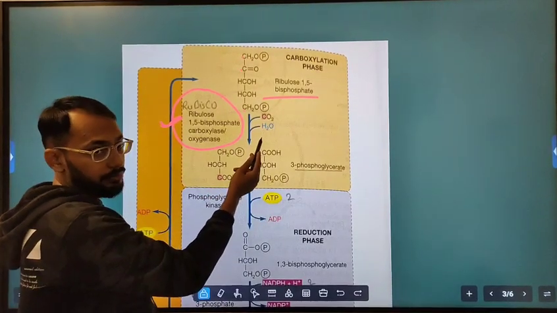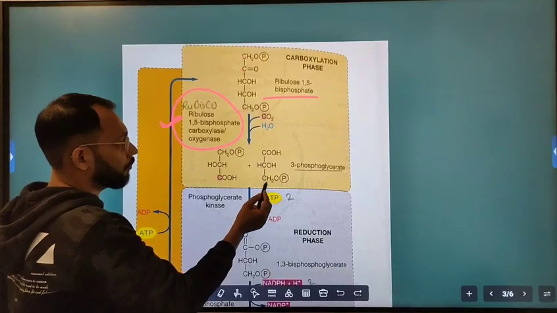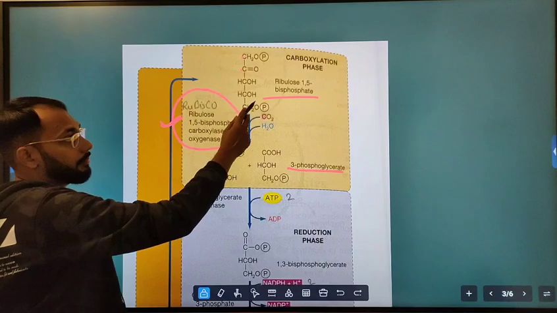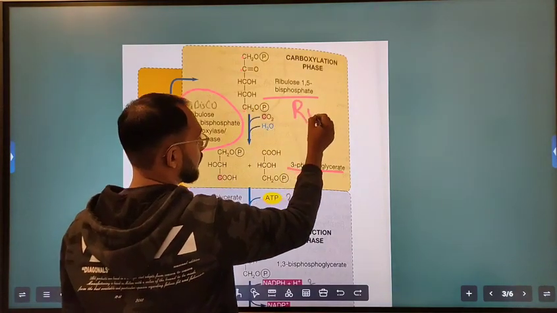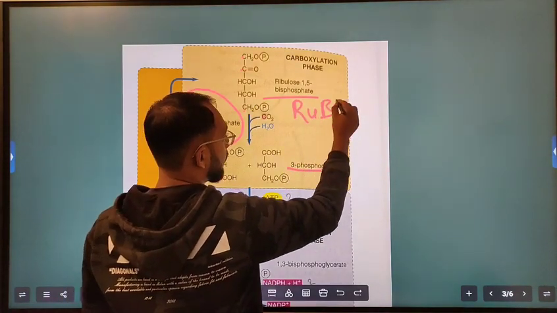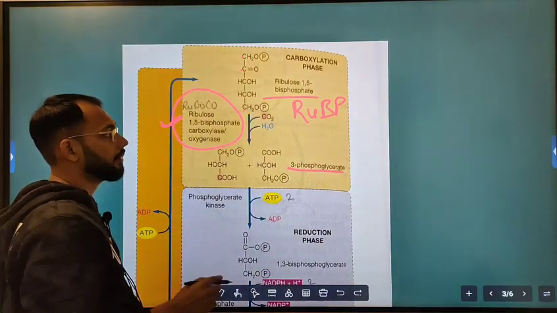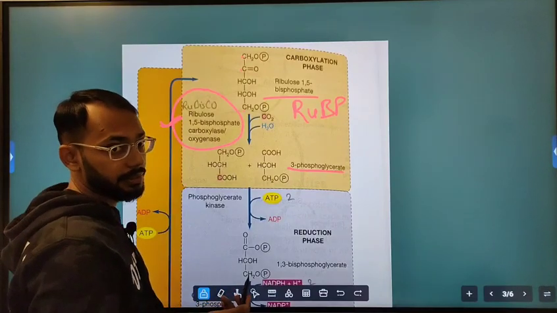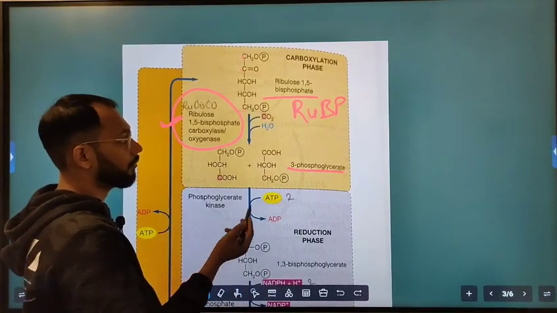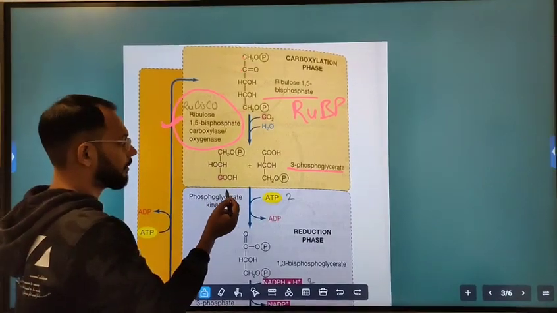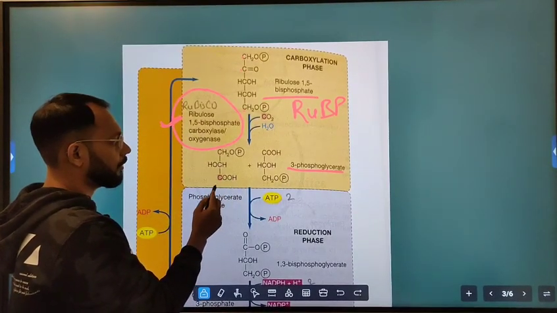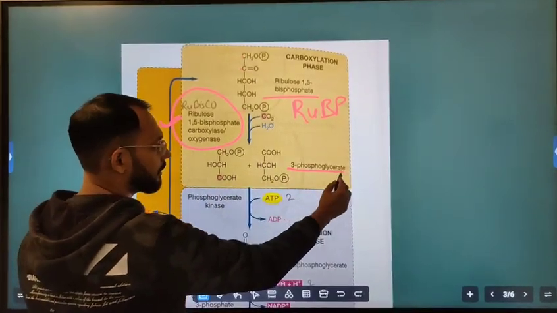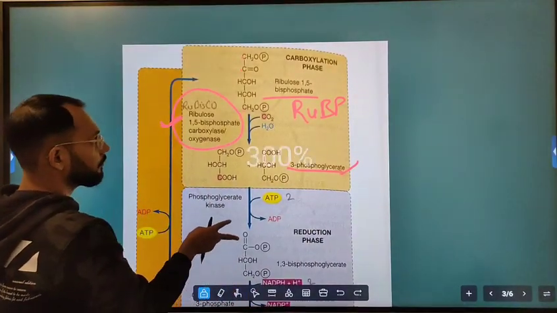After the incorporation of this carbon dioxide, 2 molecules of 3-phosphoglycerate are made. RuBP has 5 carbon, and after the incorporation of carbon dioxide, it becomes a 6 carbon intermediate compound, which is unstable and subsequently breaks down into two molecules of 3 carbon compound, which is 3-phosphoglycerate.